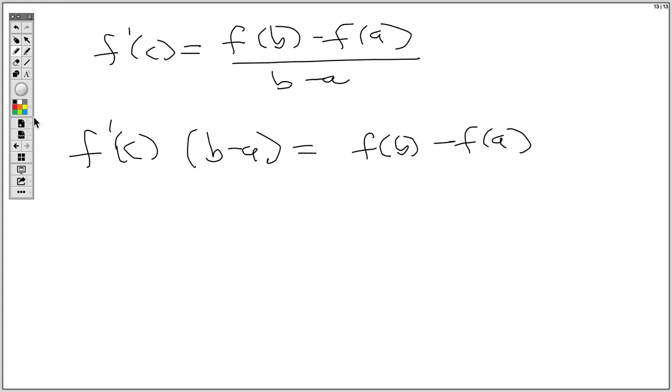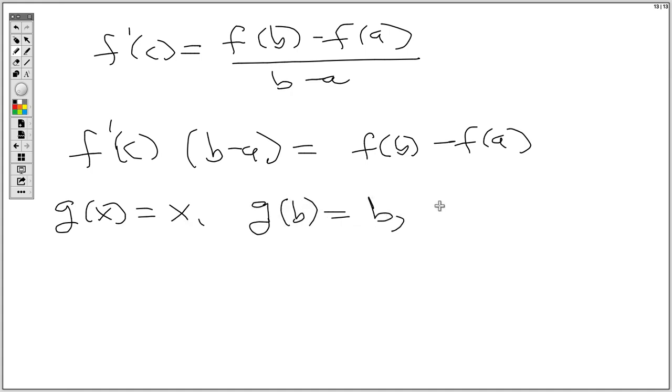Because here's what I want to do. If you look at L'Hopital's rule, it involves two functions f and g. So to motivate this extended mean value theorem, we want to show how there's actually two functions happening in this equation. So I'm going to look at the function g of x equals x. So if g of x equals x, then g of b is b, g of a is a, and g prime of anything is what?